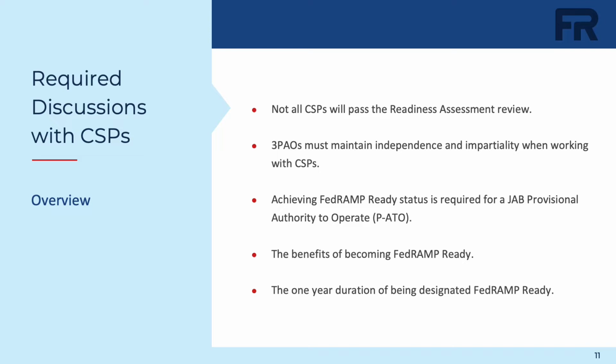Achieving FedRAMP ready status is required for a JAB provisional authority to operate, also known as a PATO. The benefits of becoming FedRAMP ready, and also the 1-year duration of being designated FedRAMP ready. This is what we will discuss in the following slides.